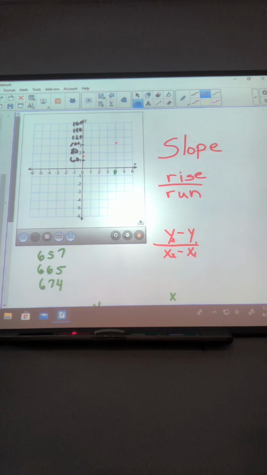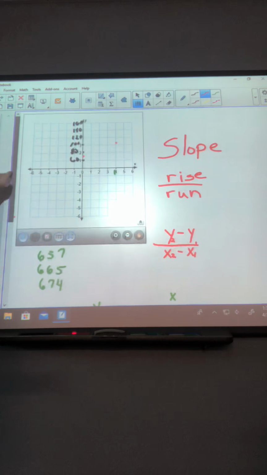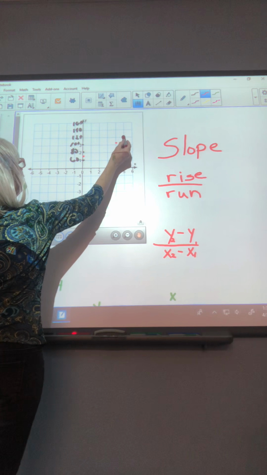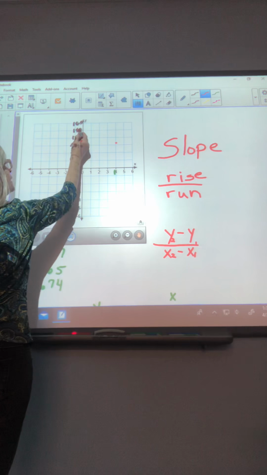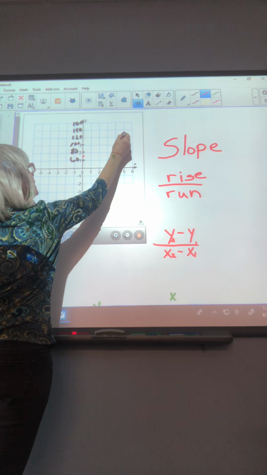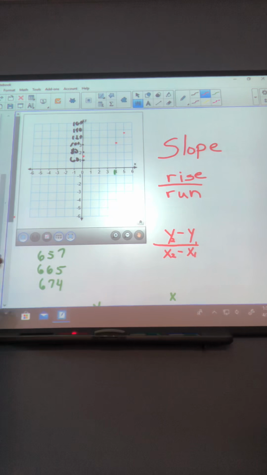And then the next one was 2015 at 132. So here's 2015, and then 132. Here's the 20, here's the 40. So it's going to be a little bit above the 20, maybe halfway would be 30, so just a little bit above that 30.